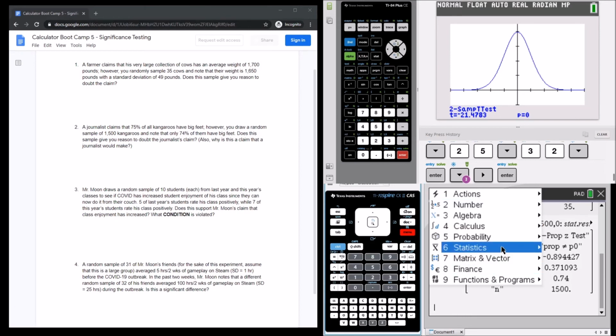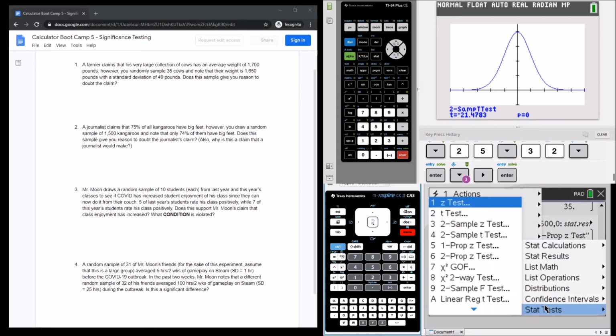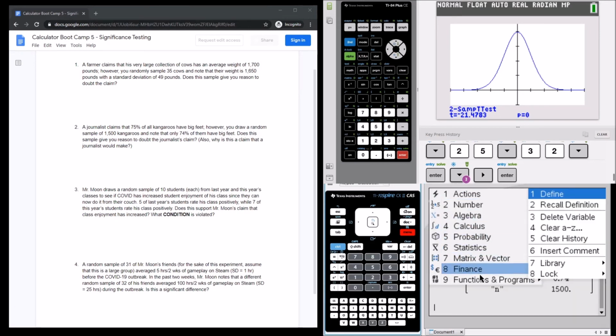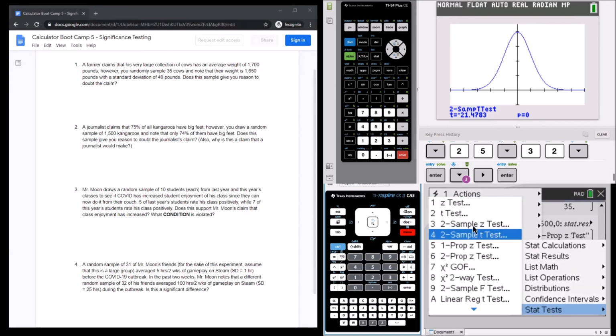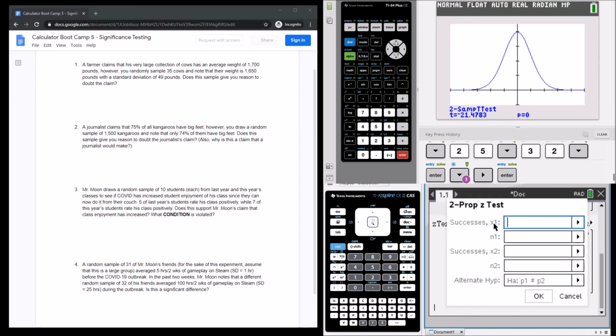We're going to again go into menu, statistics, stat tests, but this time we're going to go to a two-sample z-test, a two-proportion z-test. So we're looking now at the two samples. In the first sample from last year, we had 5 successes out of 10 students.